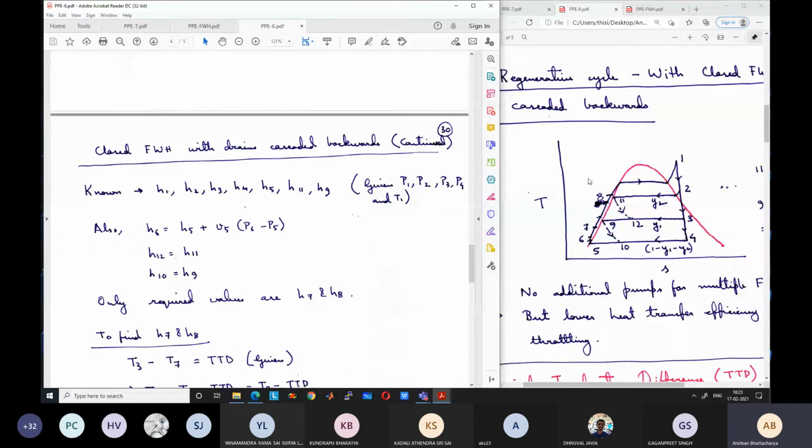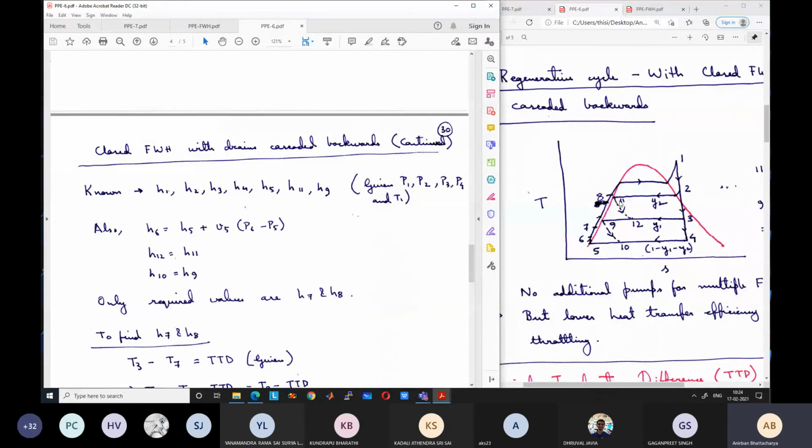It may be specified also, meaning it may not be at the optimum condition, but if nothing else is given, we can assume that it is an optimum condition, and T9 minus T5 is equal to T11 minus T9, is equal to boiling temperature minus T11. Once you know the saturation temperatures, you can find the corresponding saturation pressure.